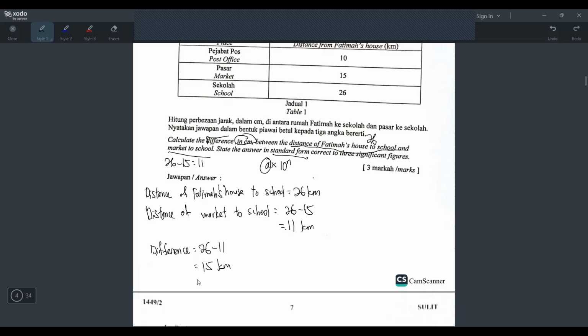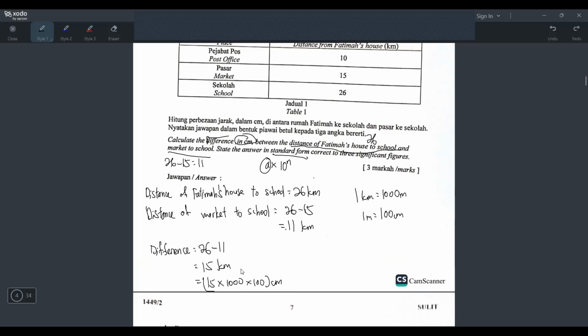So I have to convert to cm. The difference is in km. How to convert to cm? I have to take 15 times 1000, because 1 kilometer is 1000 meters, and then 1 meter is 100 centimeters. So if I take 15 times 1000, this is in meters, but I have to times 100 again to convert to cm. So in total, I have to times 1000 and then times 100.